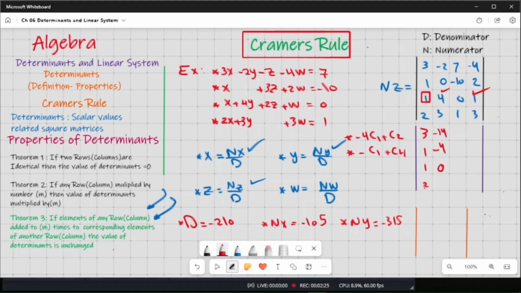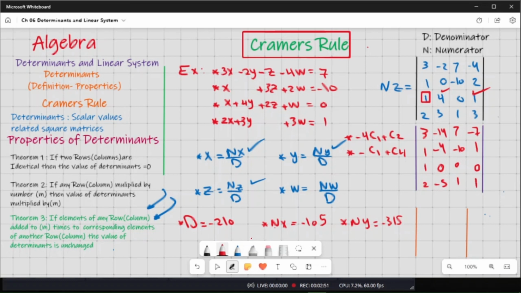Here 0, 2 into negative 4 plus 3, we have here negative 5. Here 7, negative 10, 0, 1. Here we have 3 into negative 1 minus 4, negative 7. Here we have 1, 0, 1.